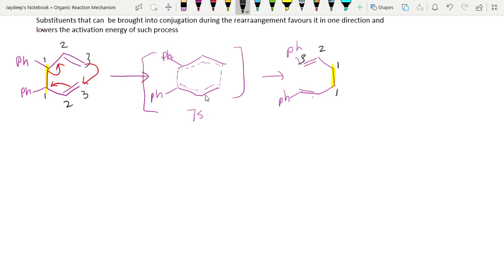This is 1 2 3. Now here you can see the position of the substituent on the reactant side is at 1 1 position, while on the product side it is at 3 3 position. So it becomes a 3,3 sigmatropic type of rearrangement. Sigmatropic rearrangements.